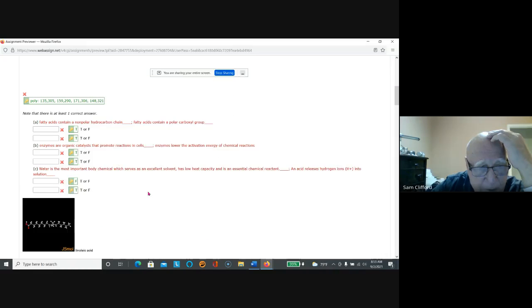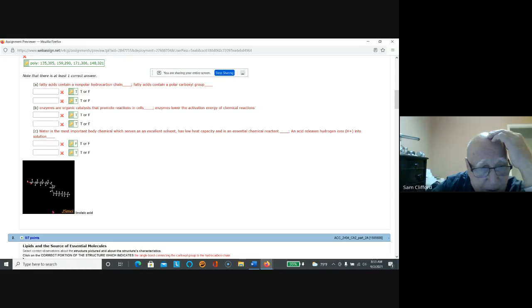Okay, we can look here. Here's linoleic acid. This is another fatty acid with the carboxyl group. And because of unsaturation, you're seeing that the shapes of these fatty acids, these hydrocarbon chains, can vary. Notice here, there's only one hydrogen per carbon. That means that this is a double bond.